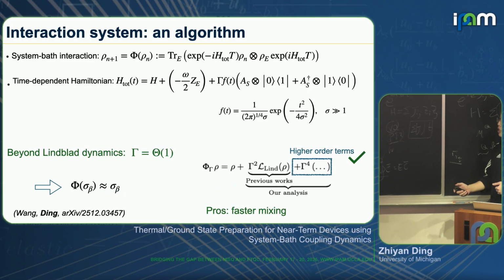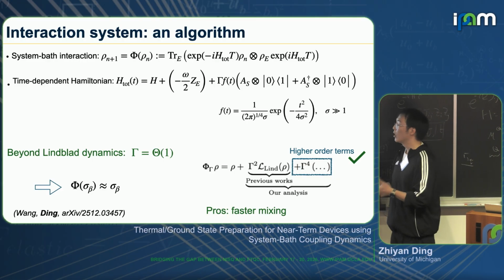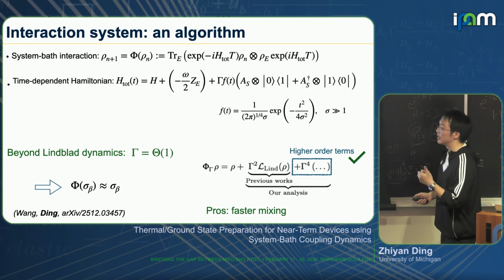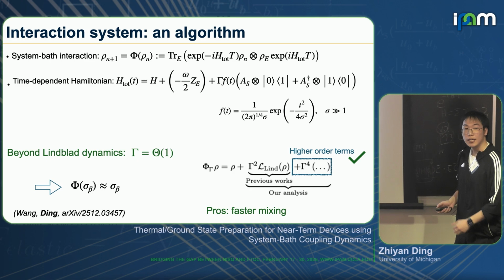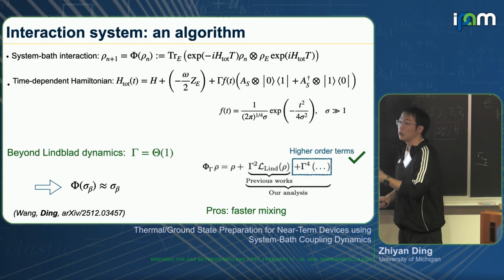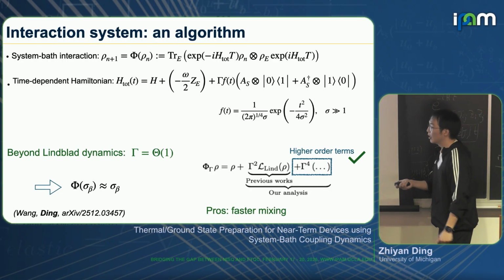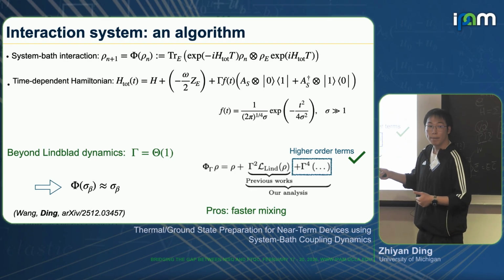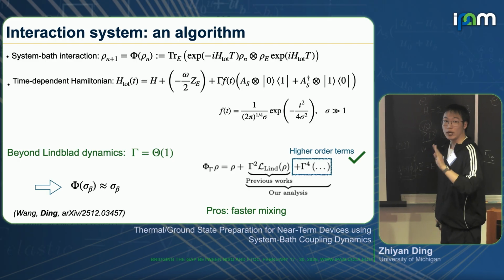One very interesting observation in our recent work is that we can show the correctness of these algorithms even beyond the Lindblad dynamics regime. In my previous result, I required gamma to be order epsilon to guarantee the correctness of my algorithm. However, in our recent paper, we can show that even if I choose gamma to be order 1, I can still ensure that these algorithms will converge to the correct state.